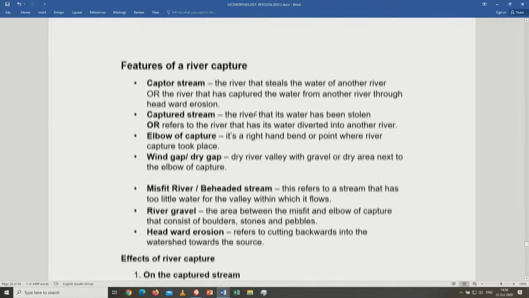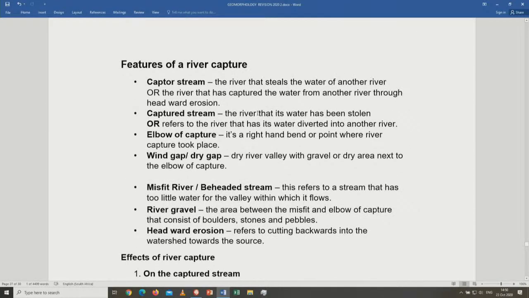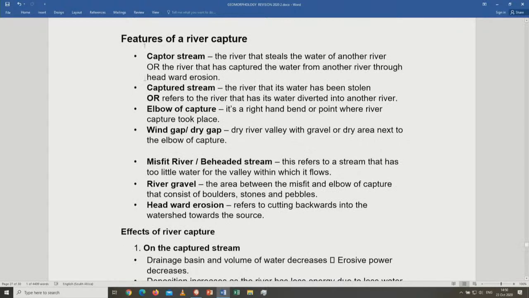But then if you look at the features of the river capture, a capture stream is a river that steals the water of another river. And then a captured stream is also a river that has been stolen, that its water has been stolen.